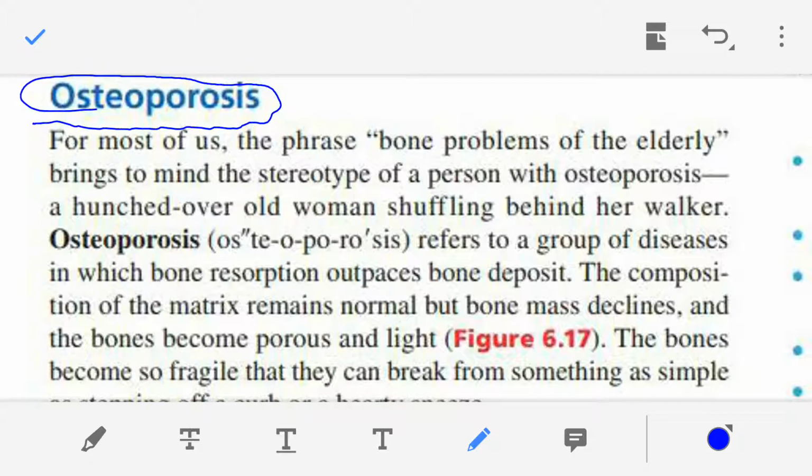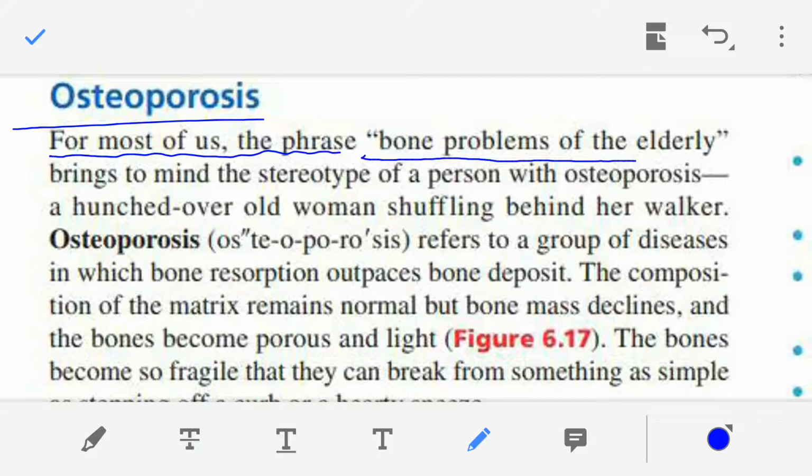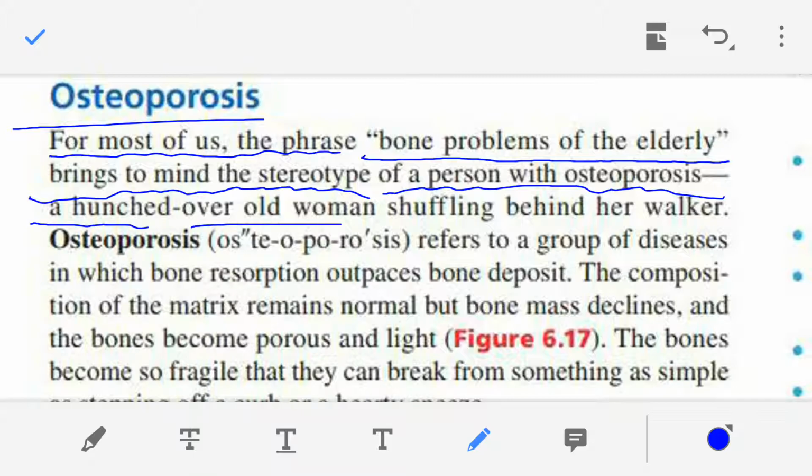Osteoporosis. For most of us, the phrase 'bone problem of the elderly' brings to mind the stereotype of a person with osteoporosis: a hunched over old woman shuffling behind her walker. The meaning of these three lines is that when we hear the term osteoporosis, we think it is a problem of elderly persons.